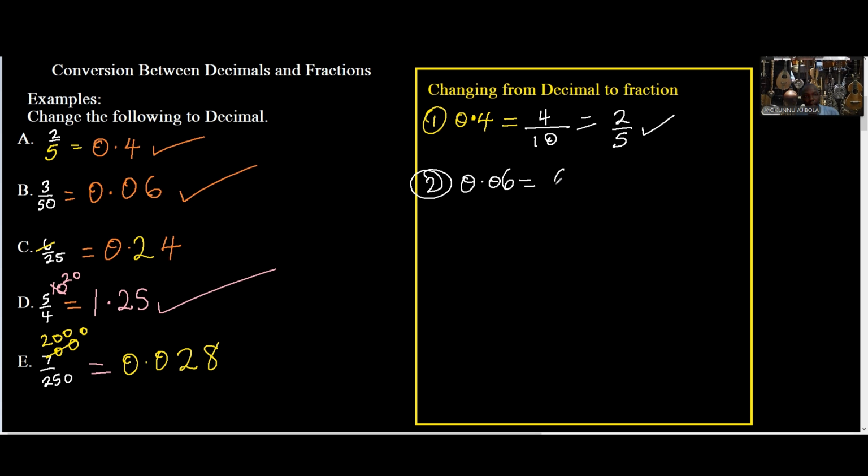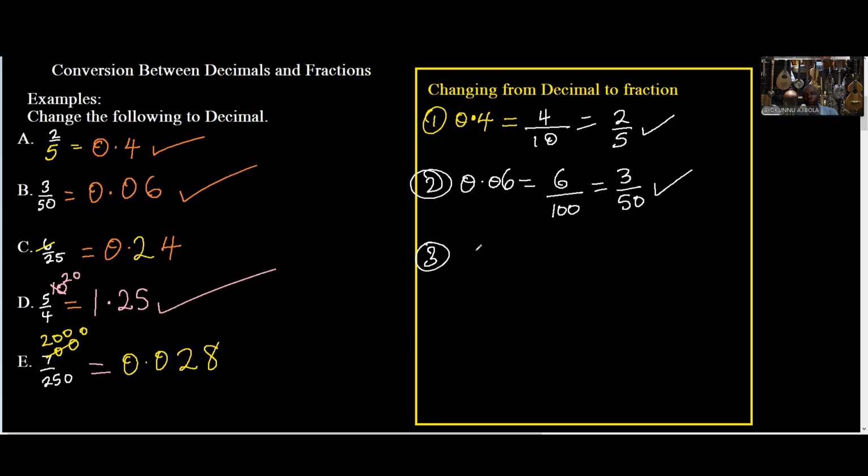The number there is 6. How many places are after the decimal? 2, right? So you divide by 100 instead of 10. Is that clear? Yes, the answer is 3 over 50. Yes.